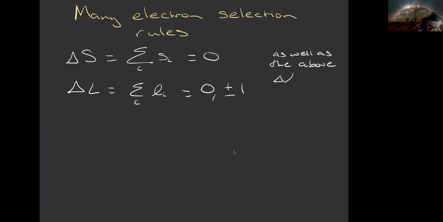In that delta Li for an individual electron has to be equal to plus or minus 1, and delta Mi has to be equal to 0 or plus or minus 1.